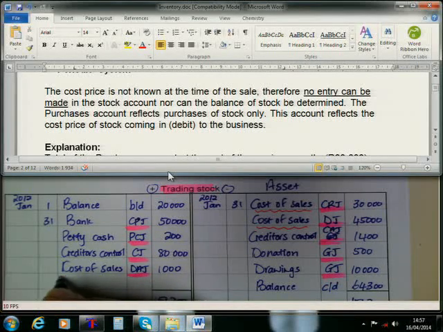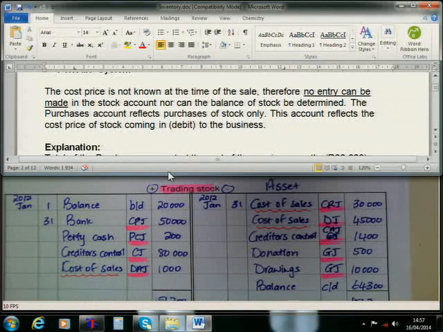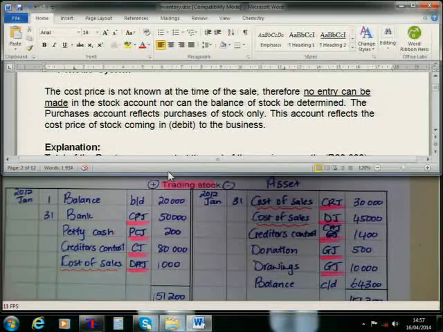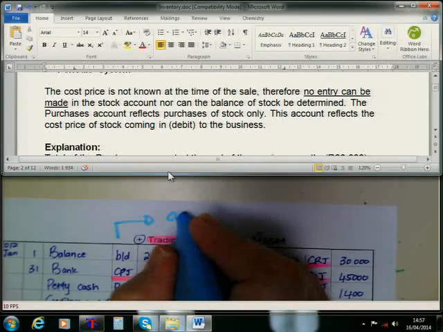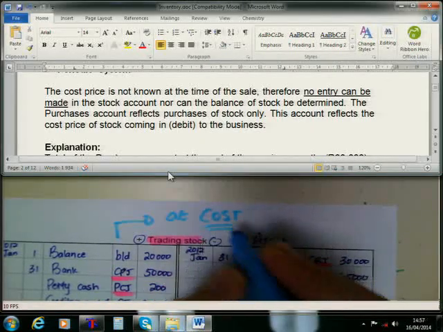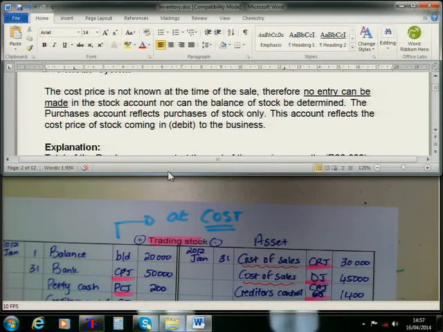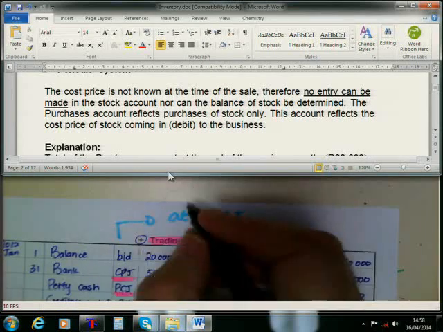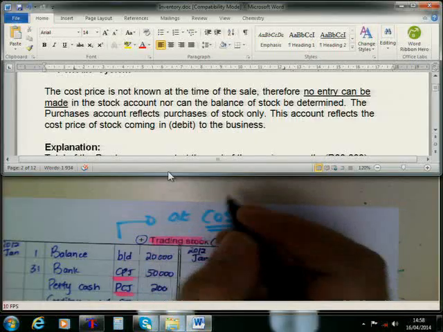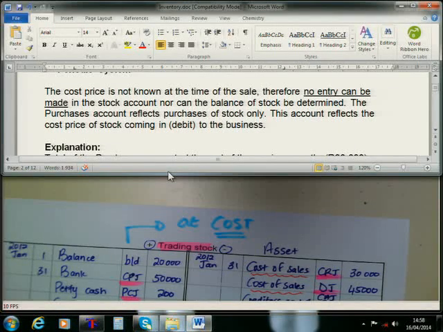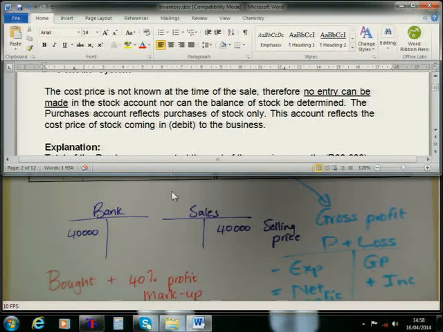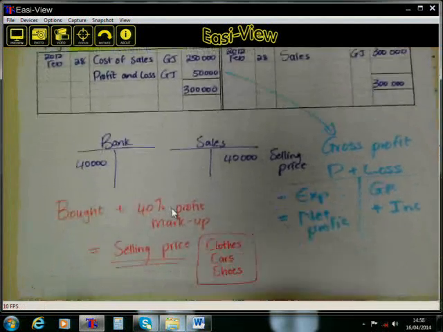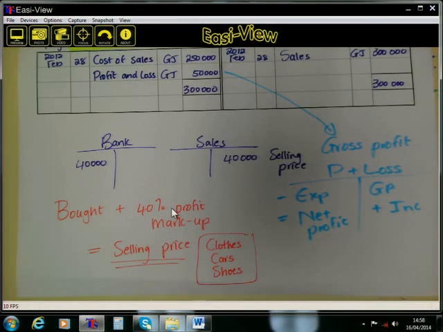And the moment that the debtor sent back, you must take it back into trading stock at cost, as long as you can see that everything in this account is at cost. Everything in this trading stock account is at cost. Okay, so that's why you use the perpetual system when you've got a business that sells basically the same type of thing with a fixed profit markup.